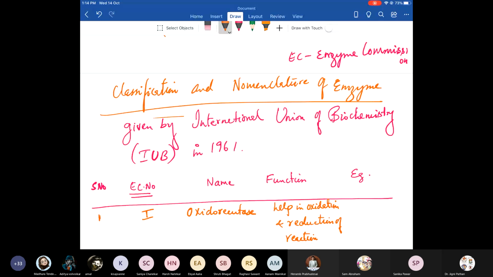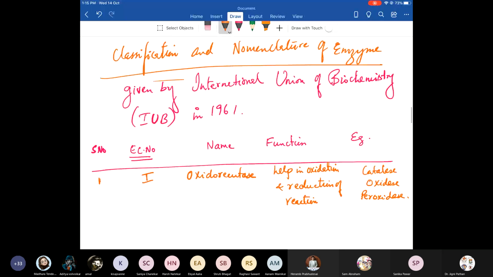For example, you can give any example which you come across. Catalase does this, oxidase does this, peroxidase does this. So these are the examples that bring about oxidoreductase. They come under the category of oxidoreductase.